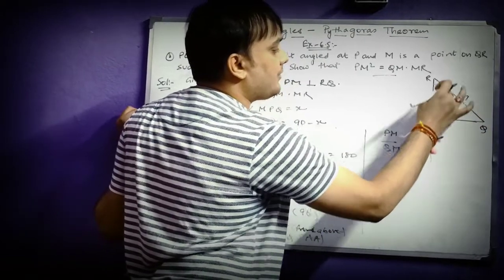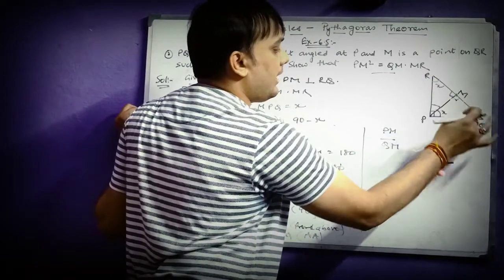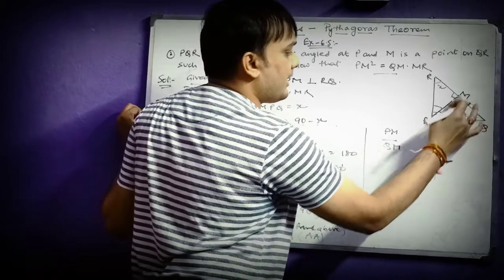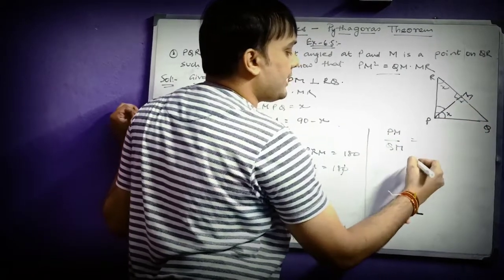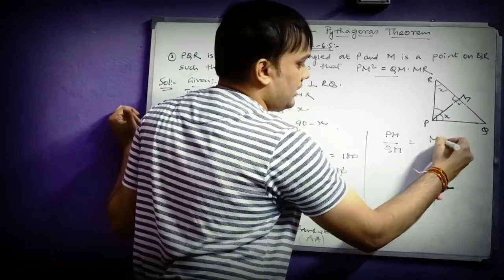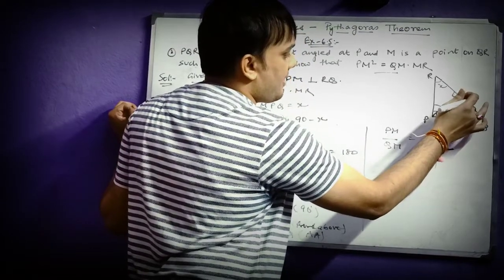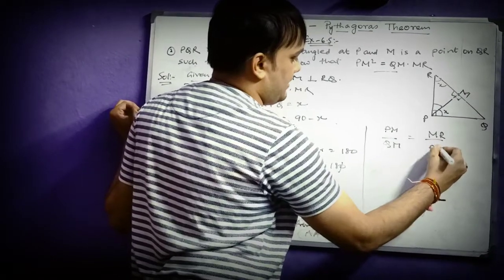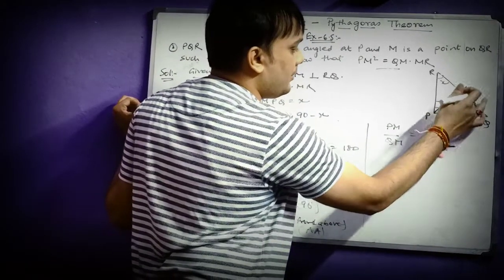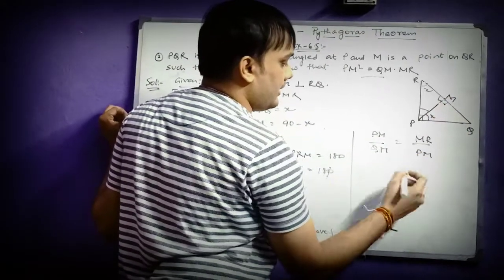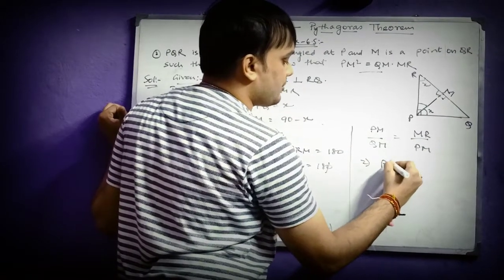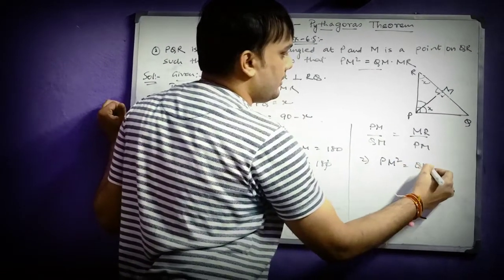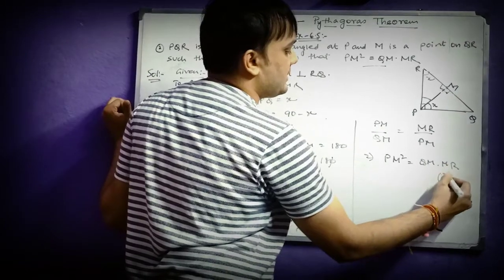PM is the side of the triangle RPM and QM is from the lower triangle MPQ. So PM by QM will be equal to MR, upper triangle, divided by PM. Okay, PM being the side of the lower triangle here. So cross multiply. PM square is equal to QM dot MR, which is the proof.